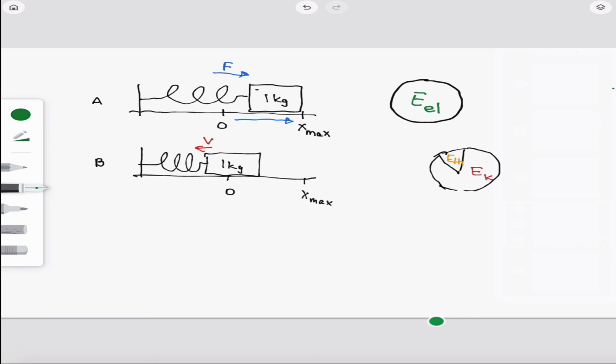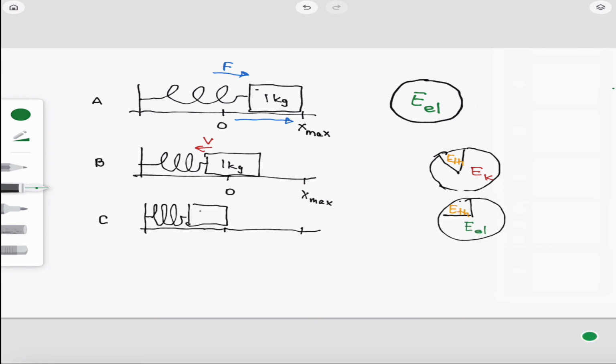Relative to the time before we stretched it and added energy to the system, we can call that the zero elastic potential energy position. And so when it passes through that point, it has no elastic energy. It has only kinetic energy and some amount of thermal energy that's been lost as it slides across the surface.